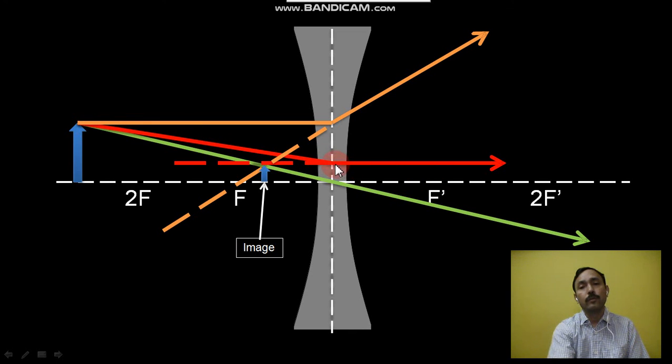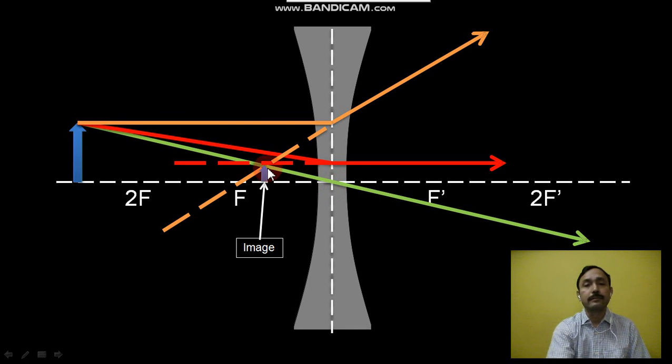So this one will be, after refraction, parallel to this principal axis. Now this ray, if we extend back, it will intersect the extension of this ray at this point. If the ray is directed towards the optical center, it will be undeviated.